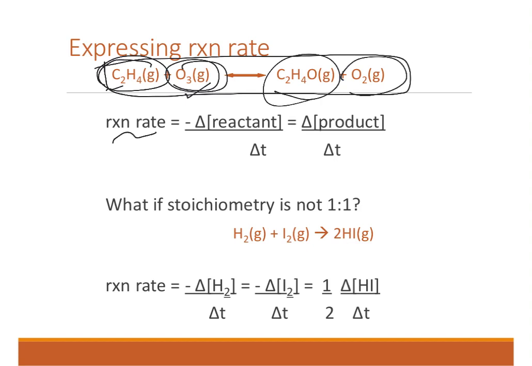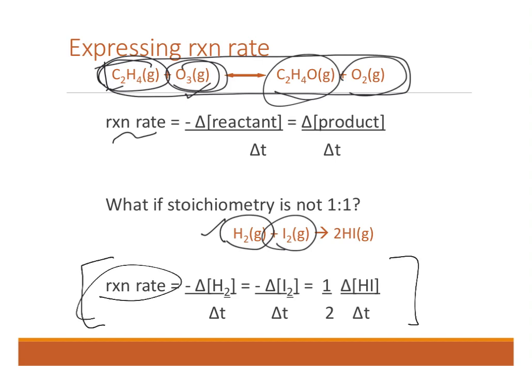What I'd like you to be able to do is this: the rate of a reaction expressed in terms of one reactant is not necessarily the exact same rate for that same reaction expressed in terms of a different reactant or a product. So the expression we use when you are asked to compare the rate of a reaction with respect to the different substances in it is shown here.